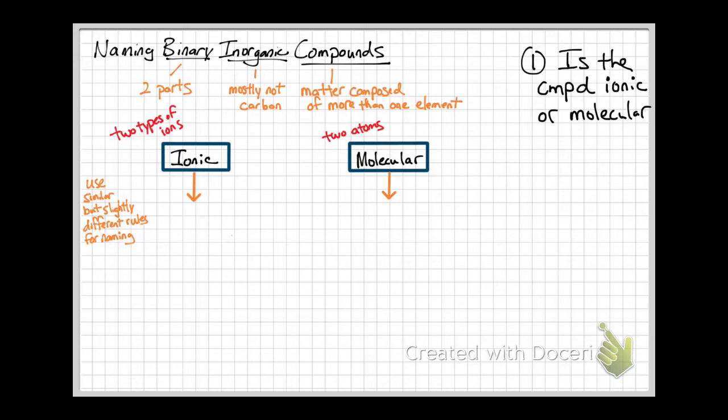So we have two naming systems, and you'll find that they're very similar, and that is an advantage in terms of memorizing, but also a disadvantage in which sometimes students will mix up the two methods if they're not clear on whether the compound's ionic or molecular.